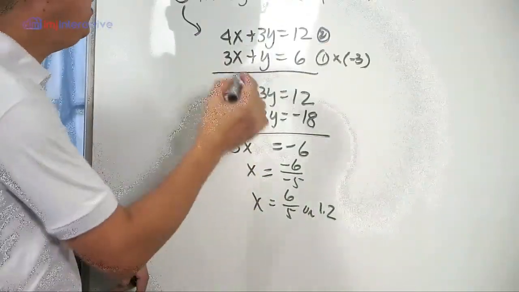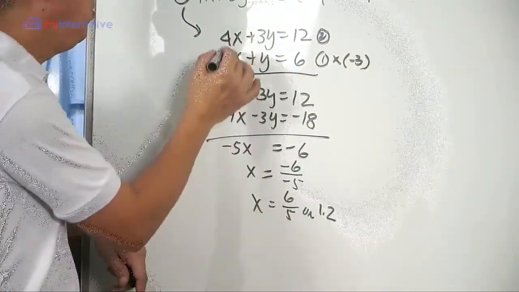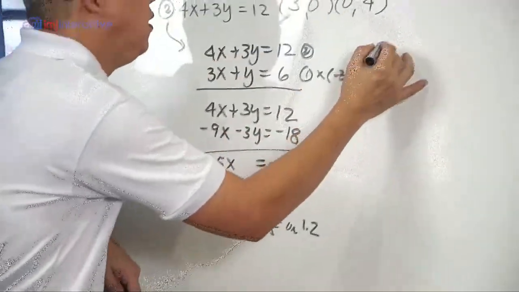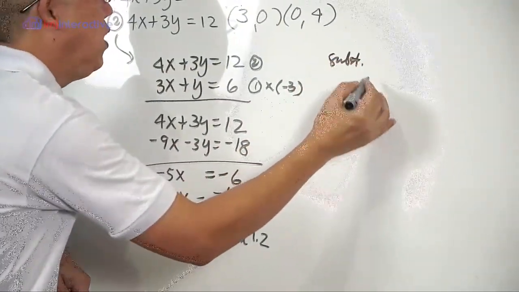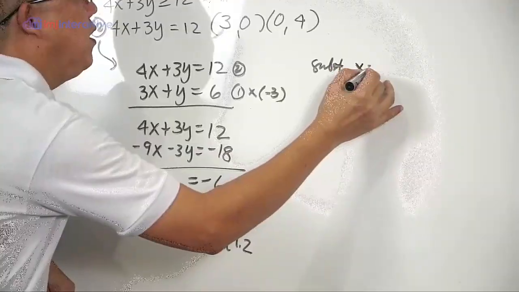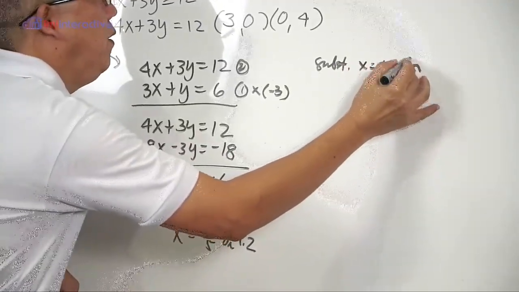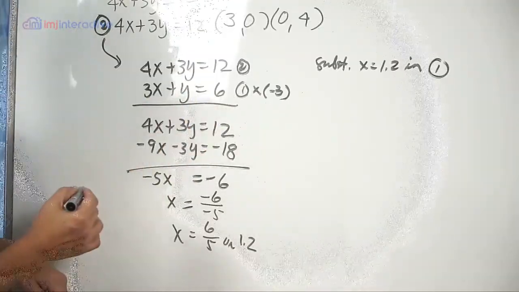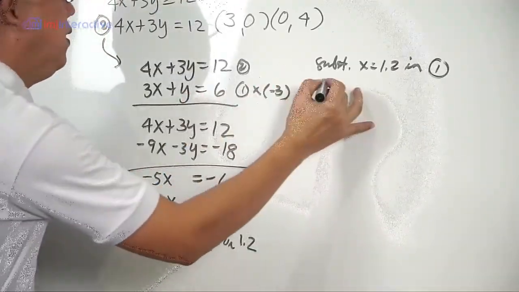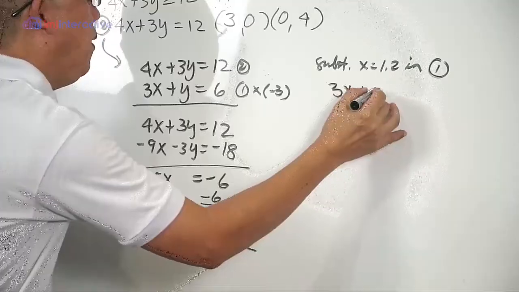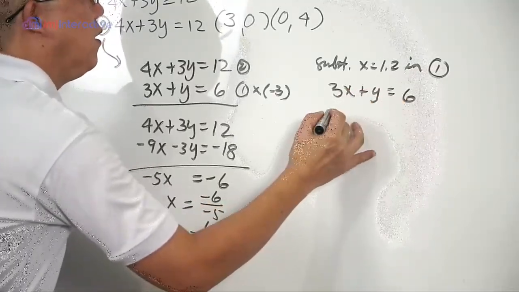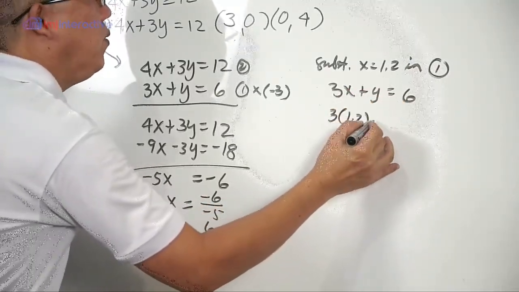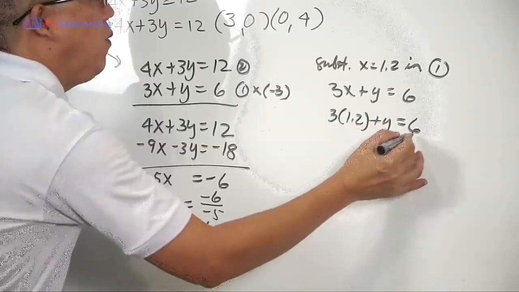To find y, you can just substitute the value of x to any of the two equations. So let's substitute x equals 1.2 in 1. Yes, it's easier to solve using 1. So 3x plus y is 6. So 3 times 1.2 plus y equals 6.